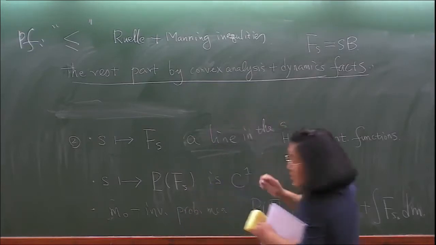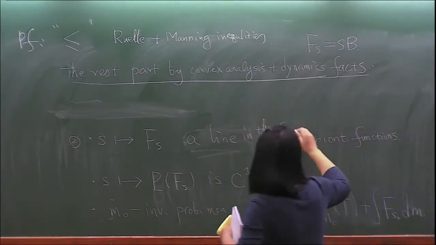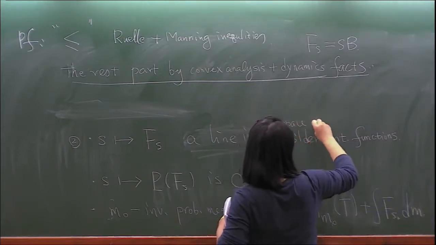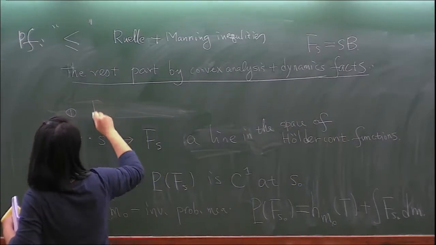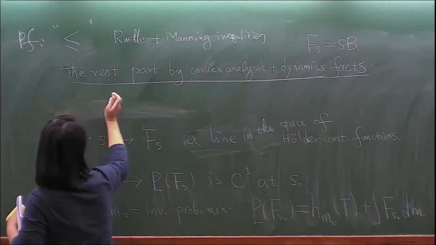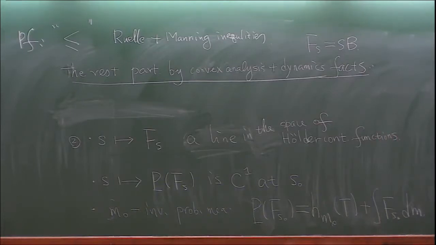Oh, I see. I finally understand your question. In the space of Hölder continuous functions, here P is convex. Okay. So this doesn't need to be a line, right?